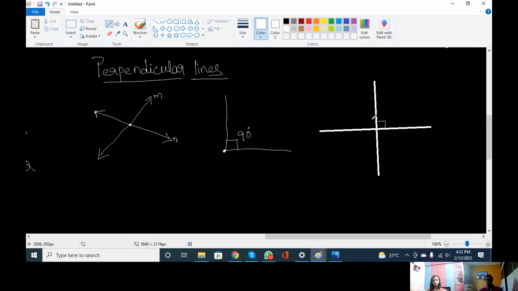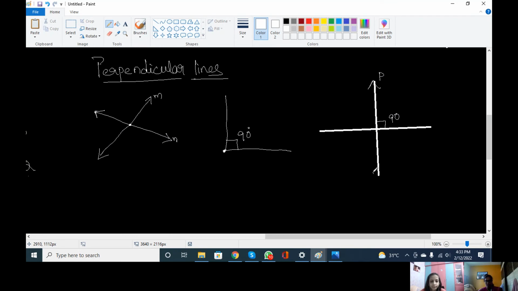Remember one thing, when the two lines are straight and cross each other, definitely they both are measuring 90 degrees. By seeing itself, you can conclude they can measure 90 degrees, L shape, like L shape. This side 90, this side 90, and here also 90, here also 90. So these two lines are called perpendicular lines. What are the two lines?